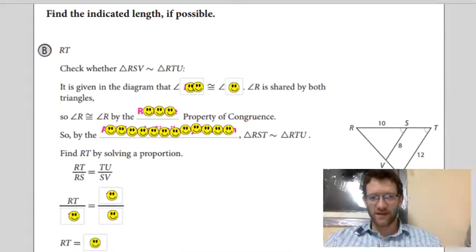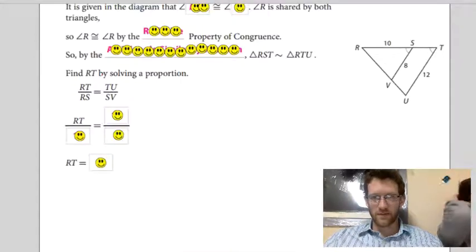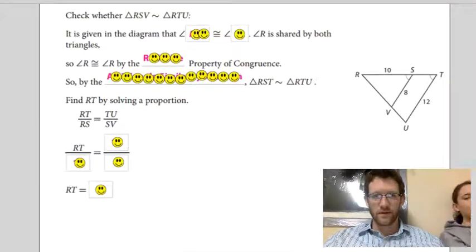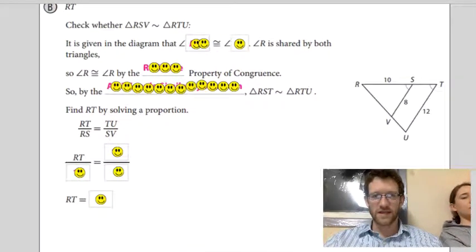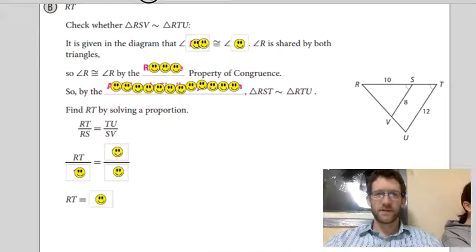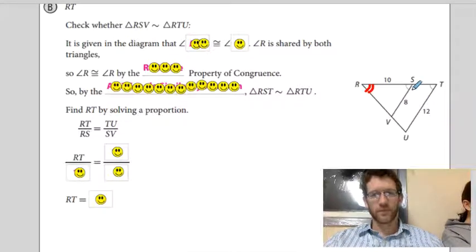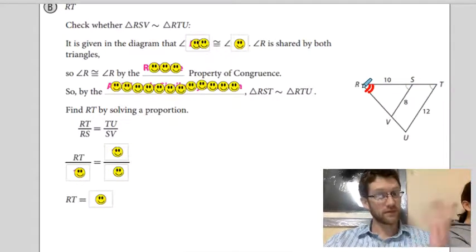So for this one here, sorry, it's a little hard to see, but there's our figure. It's asking us to figure out what the length of RT is here, and what they've done is kind of clever. They've overlapped these two triangles. So remember, since they both share this angle, angle R, we can conclude that these two triangles are similar because this angle is congruent to itself, right?